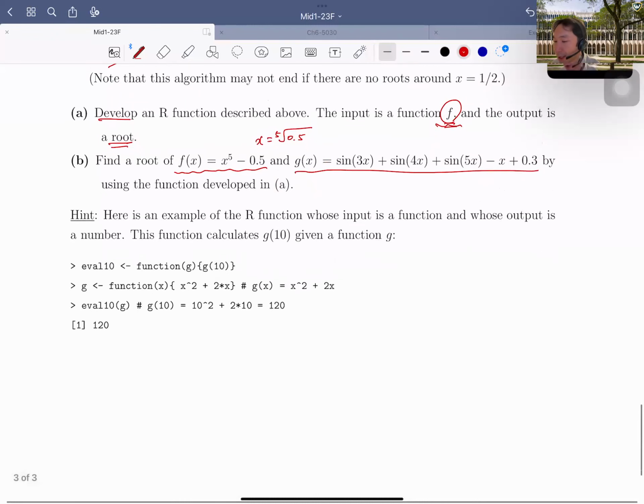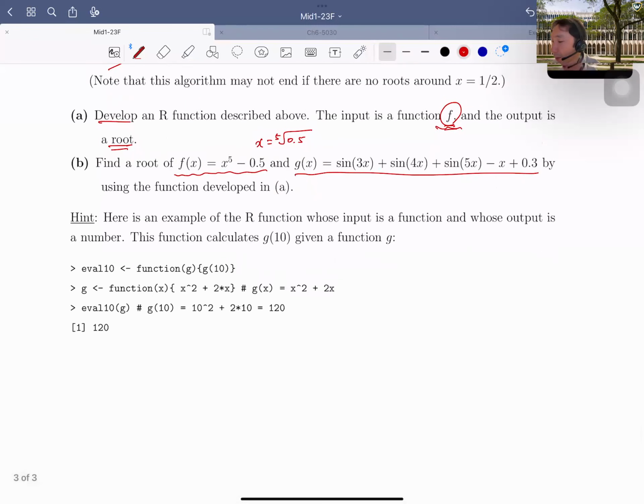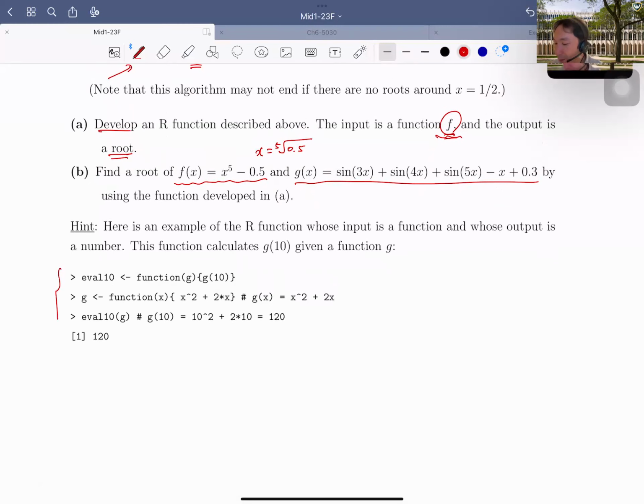In question 4, basically, we have to develop a function whose input is a function. So I gave one example of a function whose input is a function. I made this function eval10. If we put in function g, then we evaluate this function at x equal to 10.